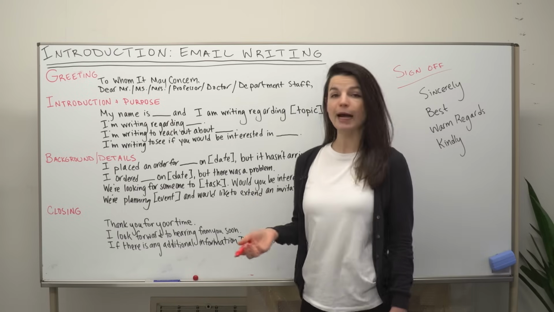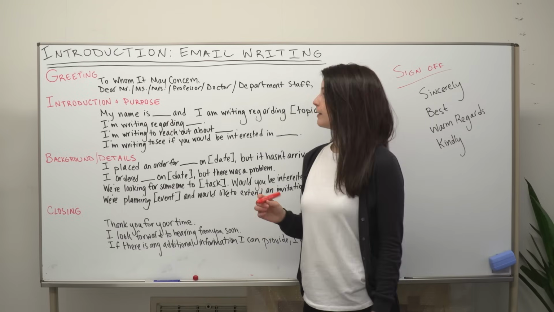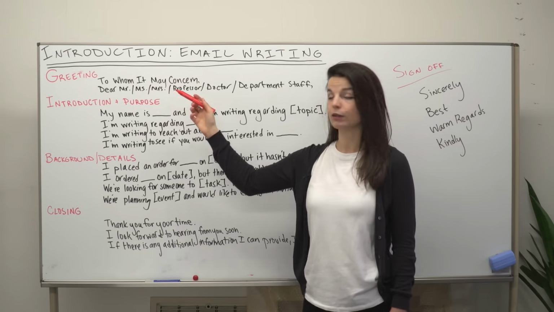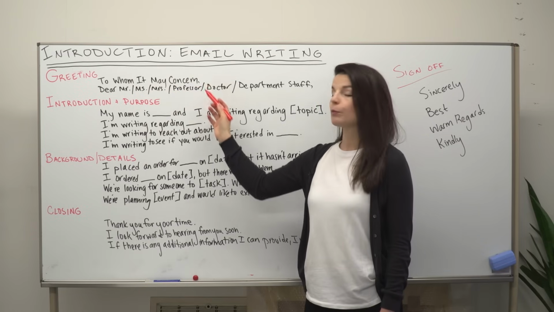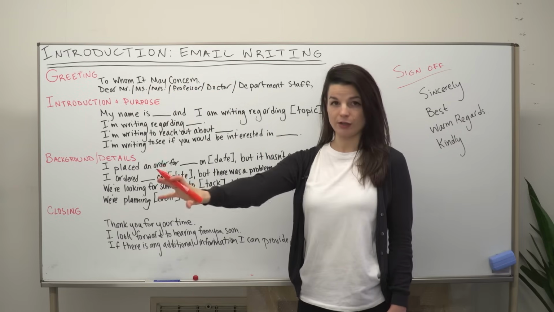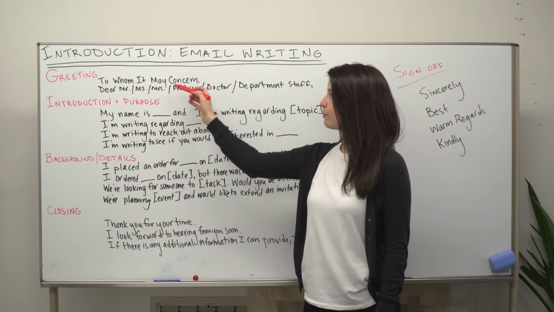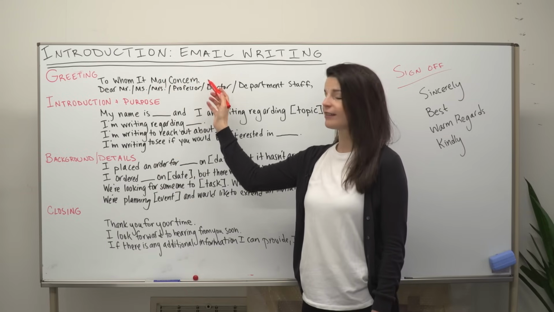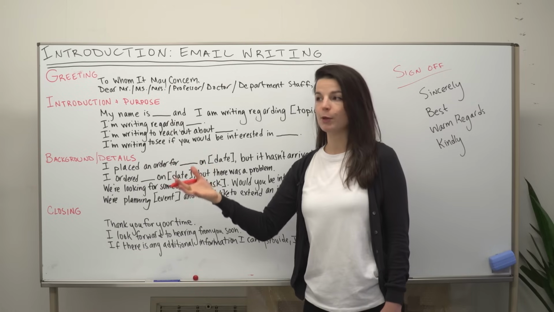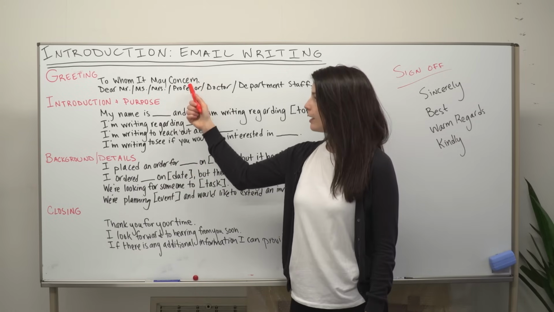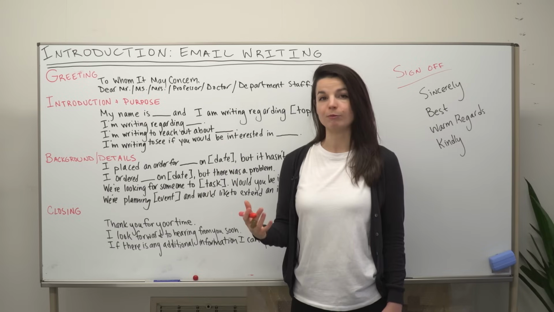Let's look at some patterns you can use in these emails. Let's begin with the greeting part of your email. If you don't know the person receiving your email, you can use the expression "to whom it may concern." This is kind of a classic line. Some people feel it's a little bit old-fashioned, but it's polite and most people are familiar with it.